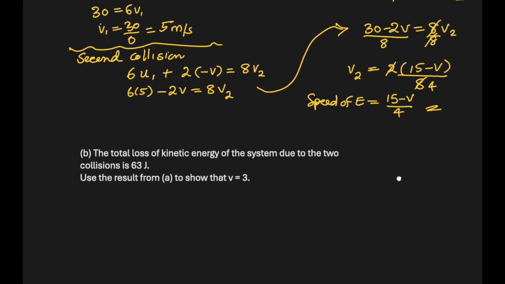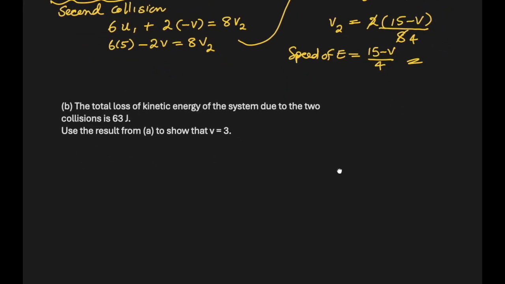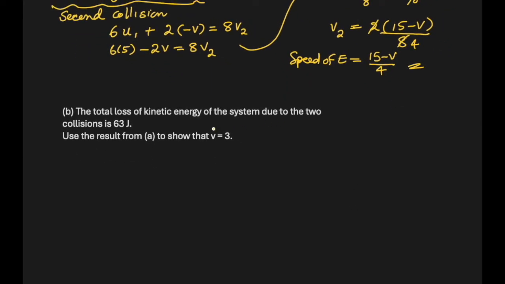The total loss of kinetic energy of the system due to the two collisions is 63 joules. We have to show that V is 3. So let's find the initial kinetic energy and then the final kinetic energy. What is the formula for kinetic energy?